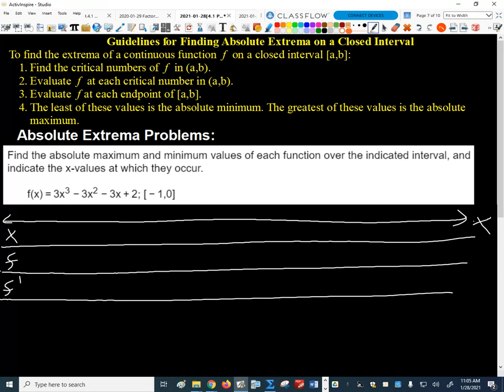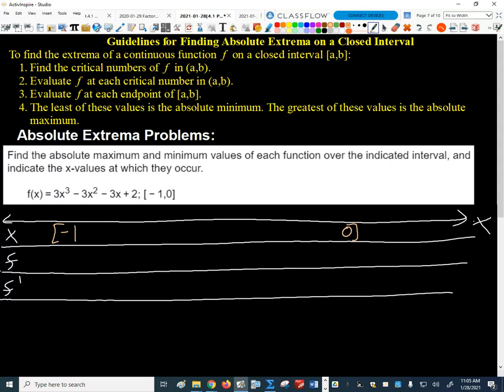Our endpoints, we already know, are at -1 and 0, so we include those in our table. We put a closed bracket on the left side at an x value of -1, and another closed bracket at 0.